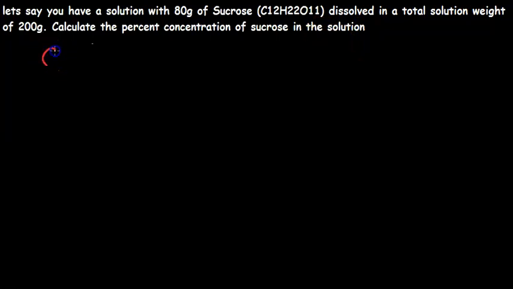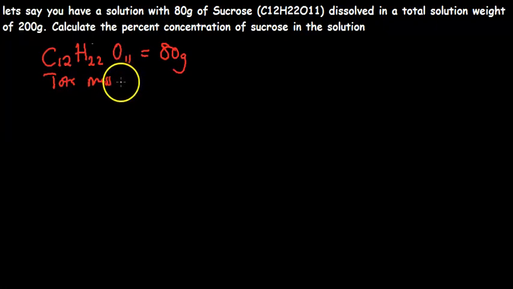Sucrose is given by C12H22O11, and the mass here is 80 grams, and we have the total mass of solution given to be 200 grams. How can we solve this problem?